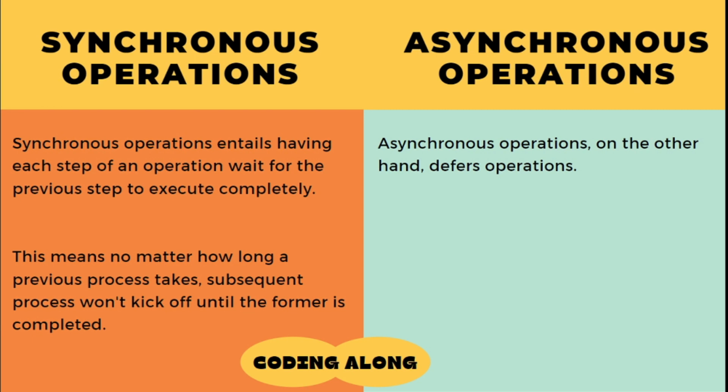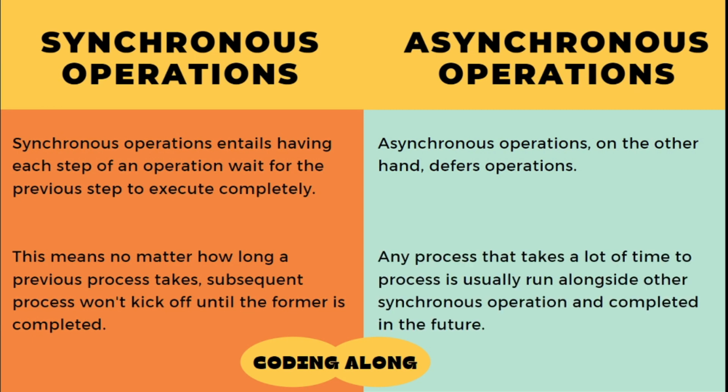Now, asynchronous operations, on the other hand, defer operations. Any process that takes a lot of time to process is usually run alongside other synchronous operations and completed in the future. Now, let's check out some code snippets to really explain these synchronous and asynchronous operations, because you need to understand them to understand callbacks, promises, and also async await.